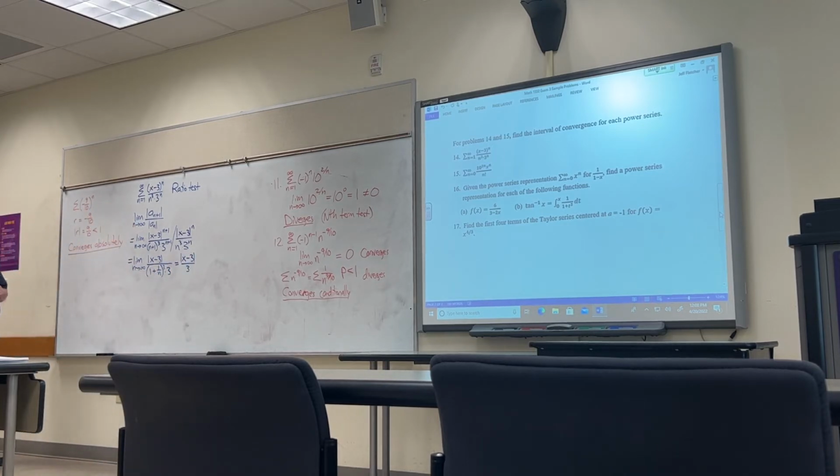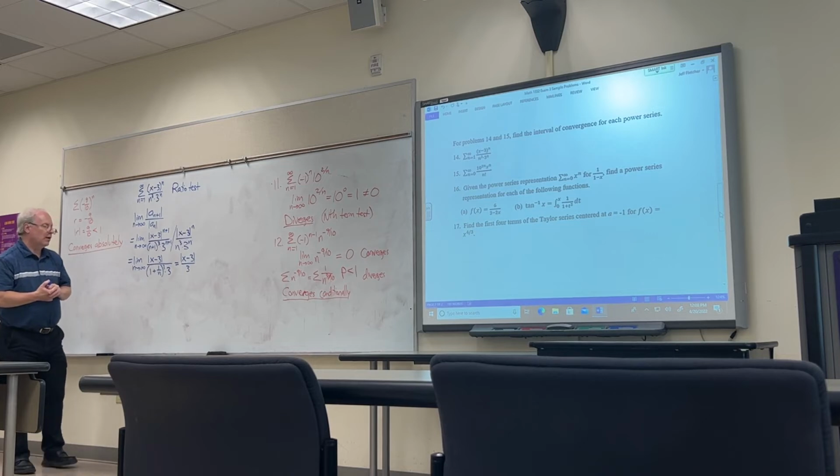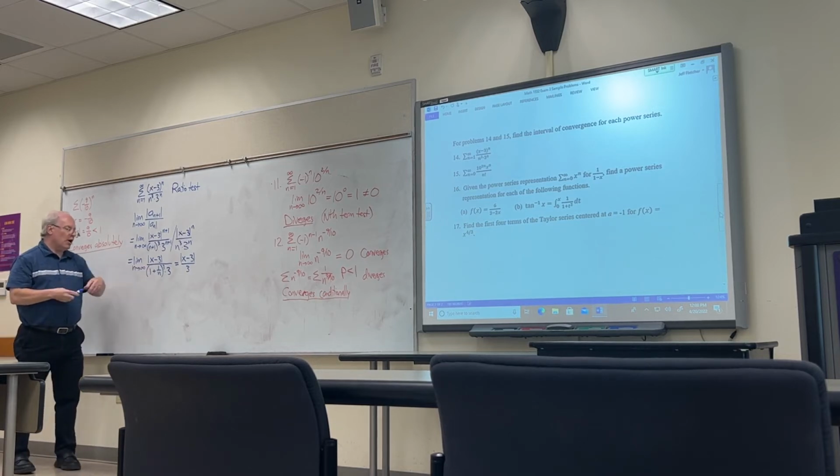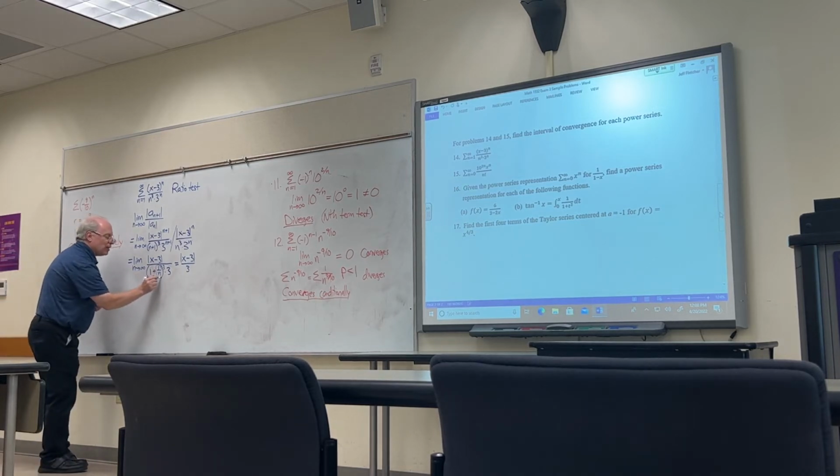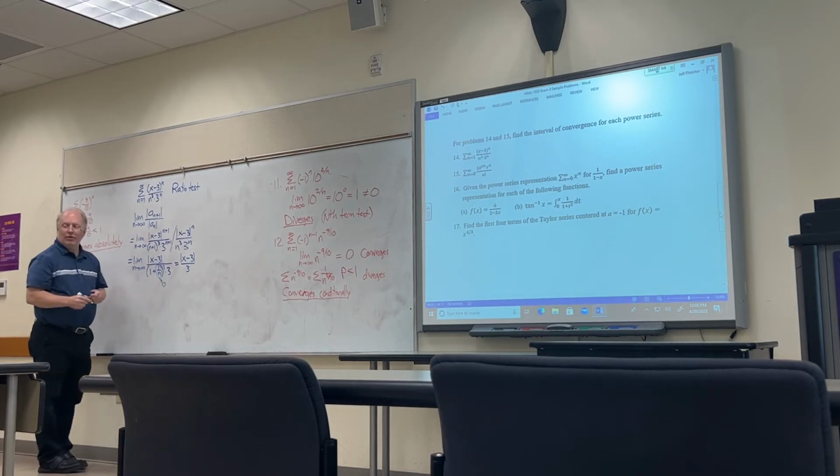So you get absolute value of x minus 3 over 3. Why is the denominator just 3? Because 1 over n, as n goes to infinity, goes to 0. So you have 1 to the third power, which is 1, times 3.